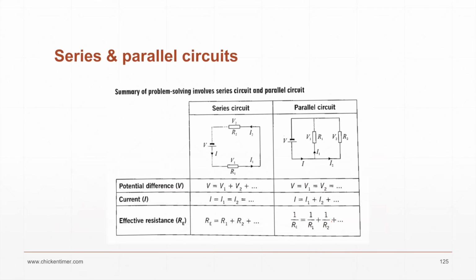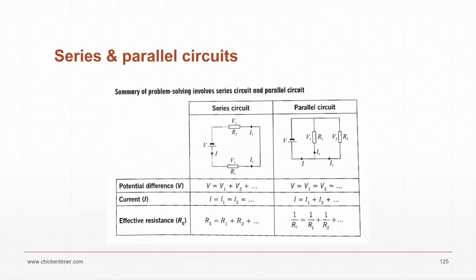Okay, last one. Last slide. If you do DC circuit calculation questions, you must take note of these few things. In a series circuit, the potential difference will add up. So you have two resistors, right?